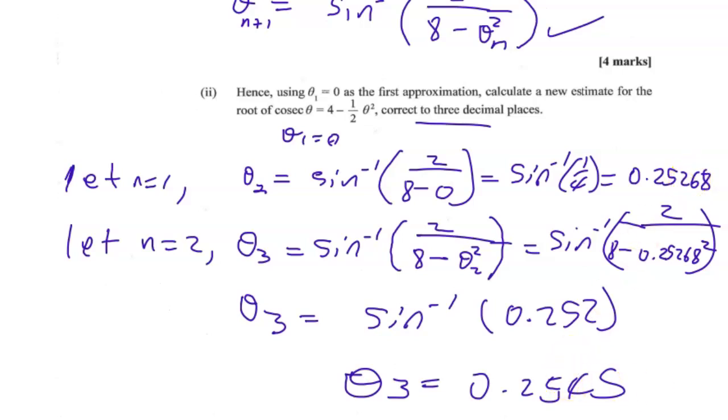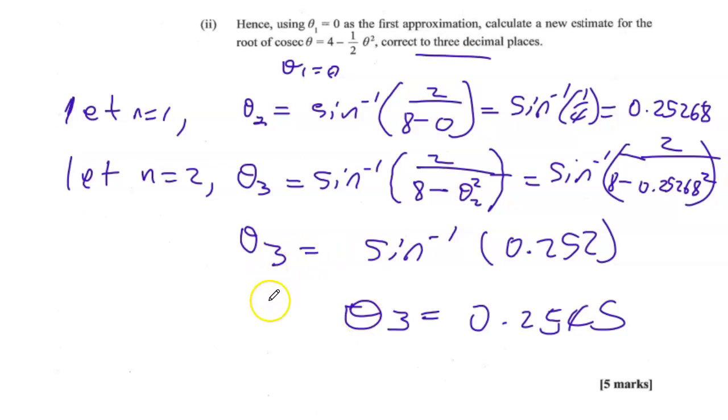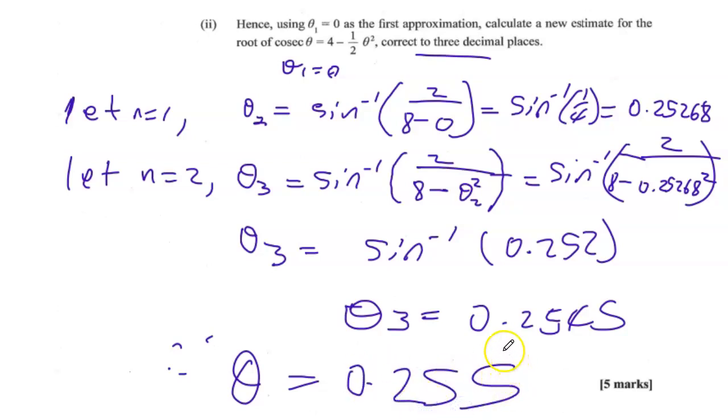If I use 2 decimal places, you still get 0.25 again. So if I'm to have an approximation for theta, I would say theta is 0.255. And of course, I should have mentioned that we're using radians. So for these you'll put your calculator in radian mode.